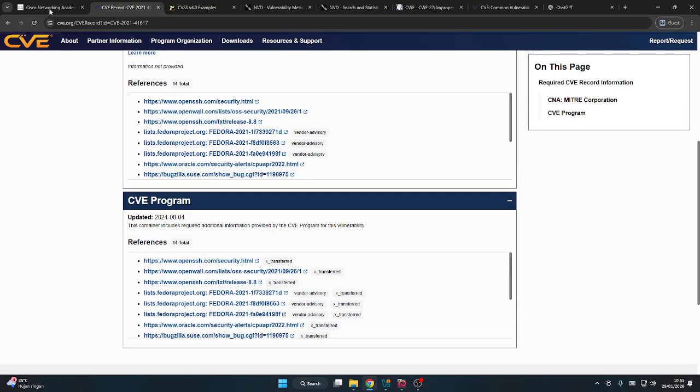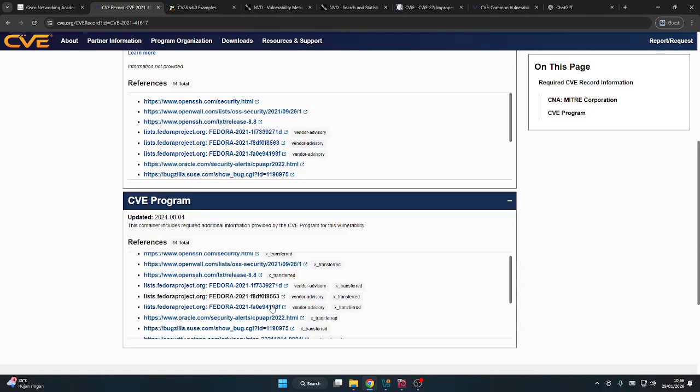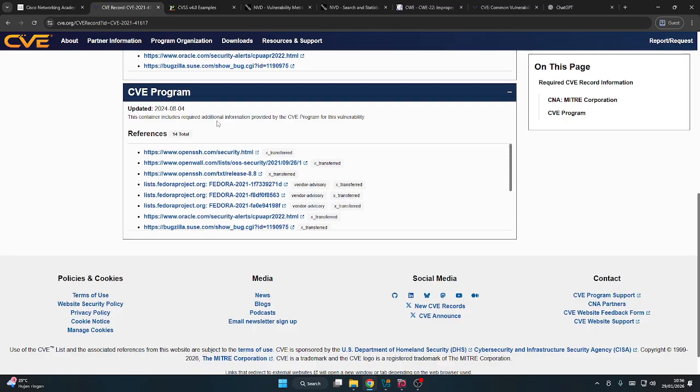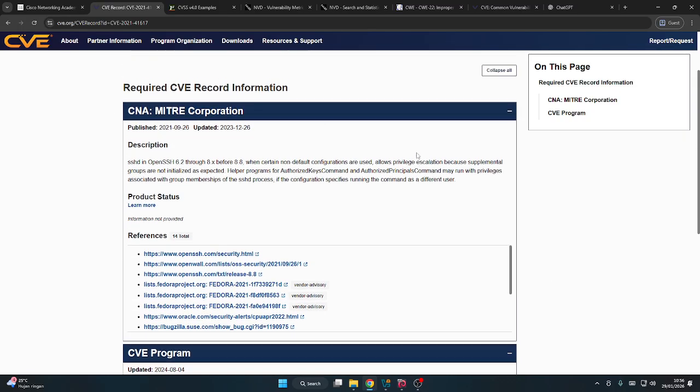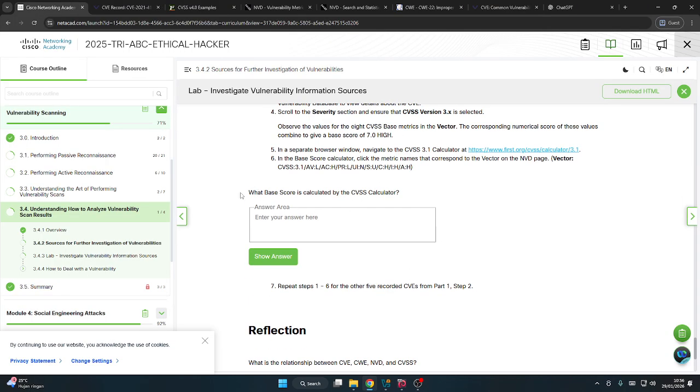So as we can see here, to view the additional information about the NVD, the National Vulnerability Database, there is no information about the CVE score here, but we will see the answer.